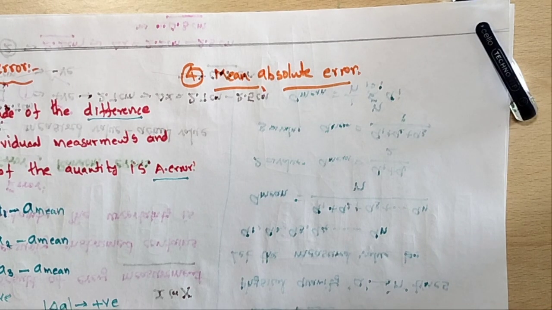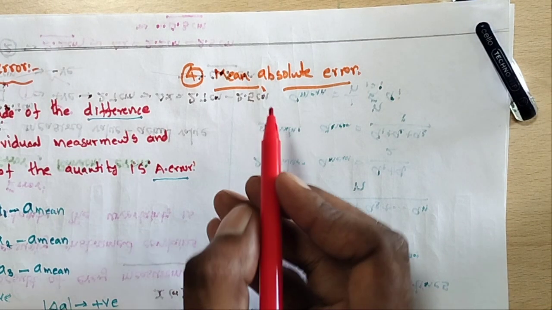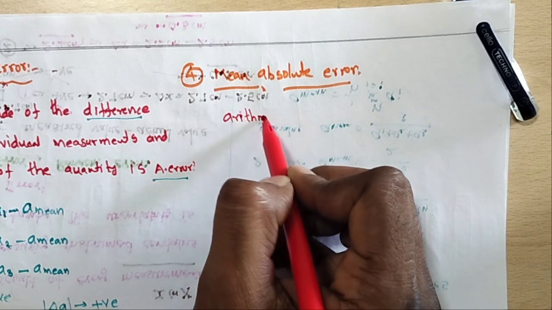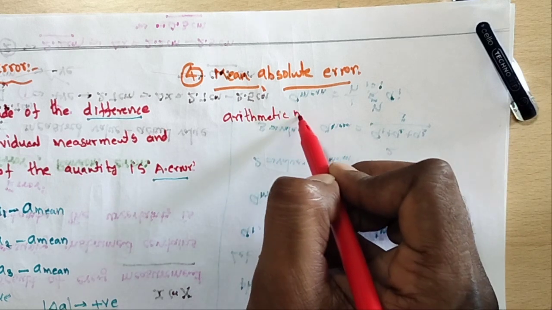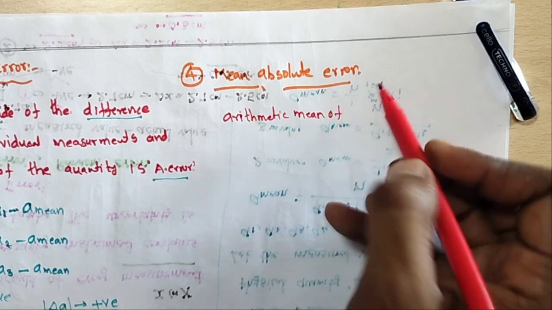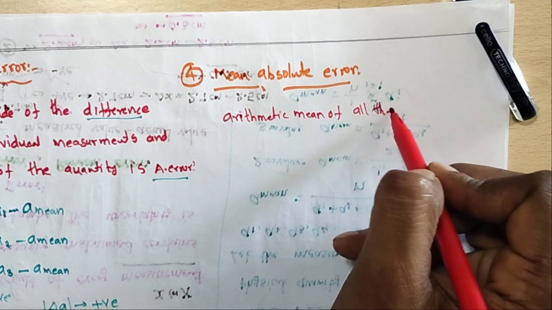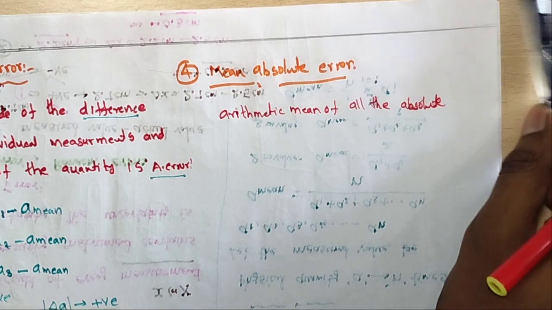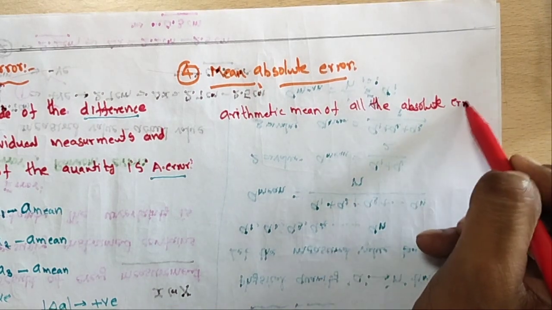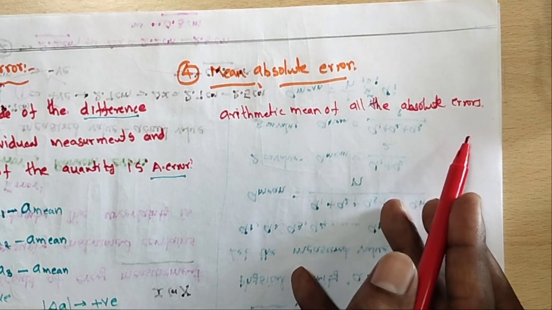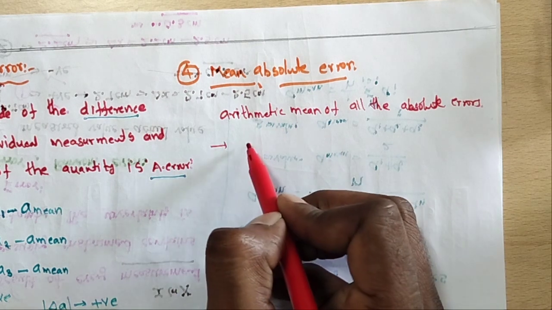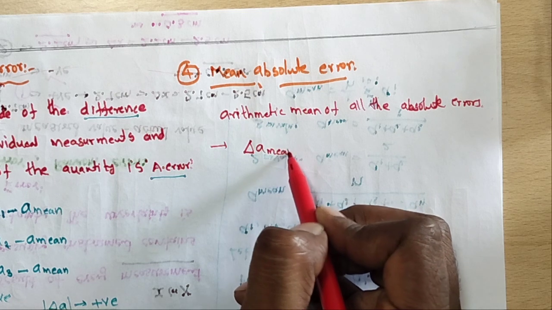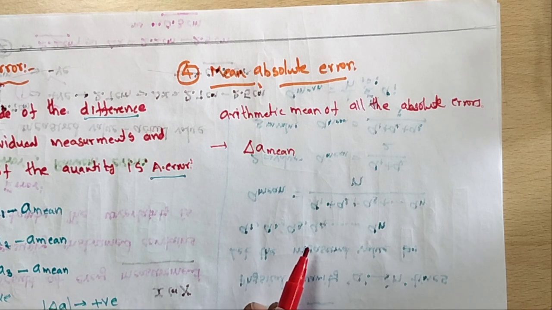The definition: the arithmetic mean of all the absolute errors. So what is the symbol here? Delta A mean.